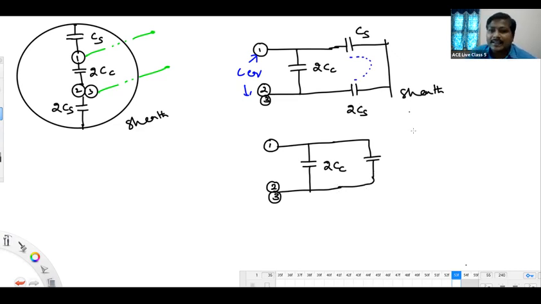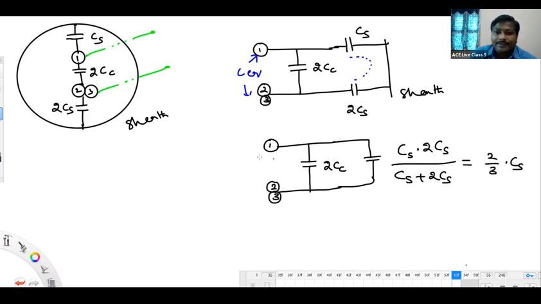Series combination of CS and 2 CS will be CS into 2 CS by CS plus 2 CS. It will come like 2 by 3 times of CS. And this is the equivalent capacitance which we need. So I can write now C equivalent equals 2 CC plus 2 by 3 times of CS.